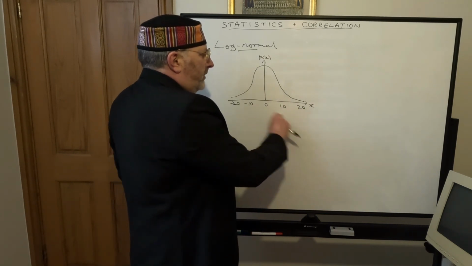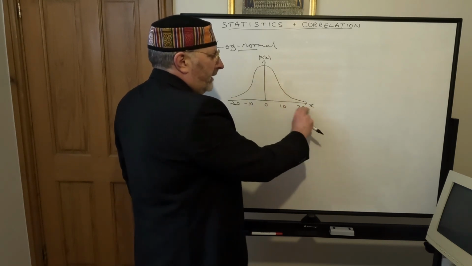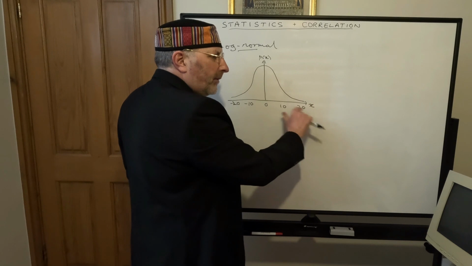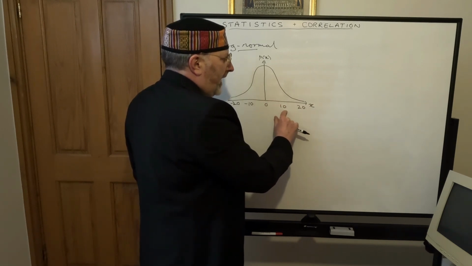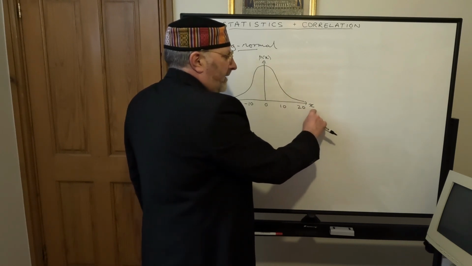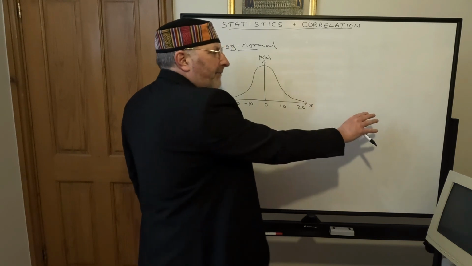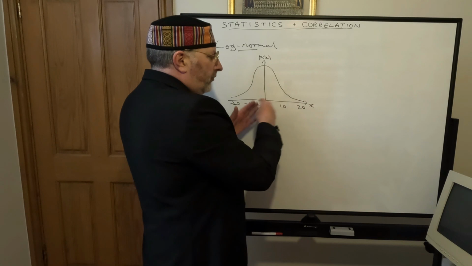So we know with a normal distribution that it falls off pretty quickly once you get beyond the standard deviation or so from the mean. So if we've gone from 0 to 10 here, roughly 1 standard deviation, and 20 here, then to 30 or 40 is very, very unlikely. So most of the values are going to be pretty close to the mean.